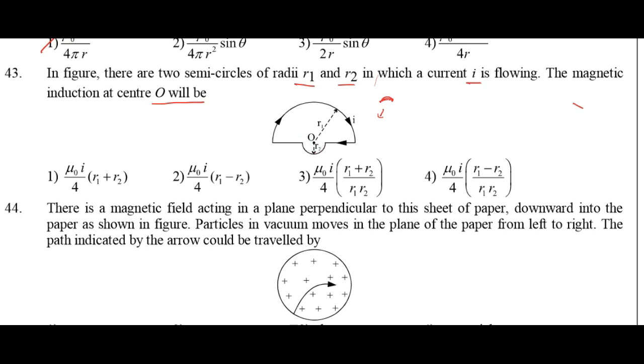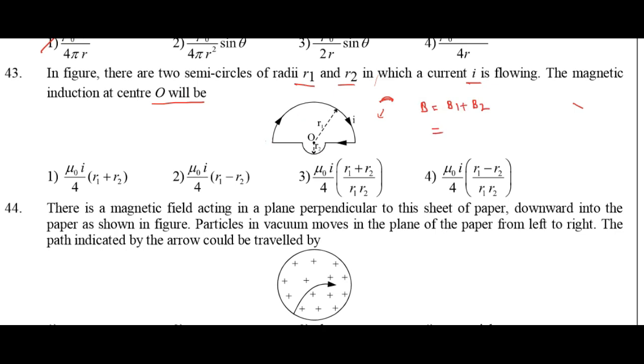Now here, if you curl your right hand fingers in this direction, your thumb will be pointing into the plane. Both the fields, the field produced by this and the field produced by this, are in the same direction, that is, into the plane. So the net B is equal to B1 plus B2.